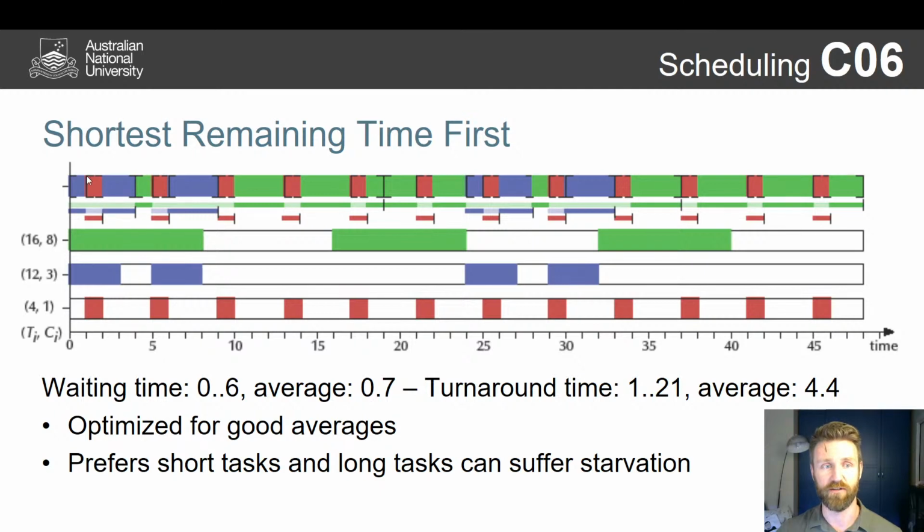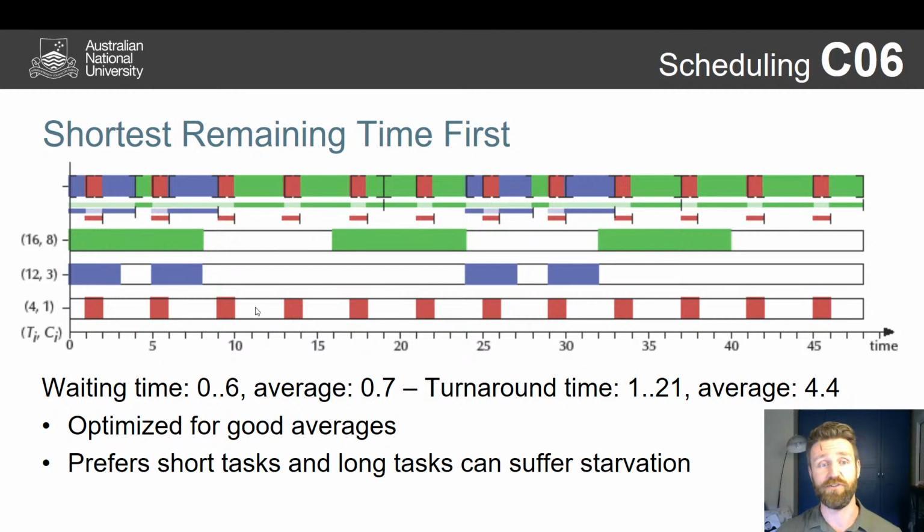So we might decide to time slice again between processes, and at each time slice, we look at all the processes that are still waiting to execute, look at the remaining computation time for each of them, and pick the one with the least remaining computation time. So again, we're trying to optimize the average turnaround time. Again, we're going to prefer short tasks, and this has the same problem that we saw with shortest job first, that we could starve long tasks, just like Xiangyu was saying for shortest job first.